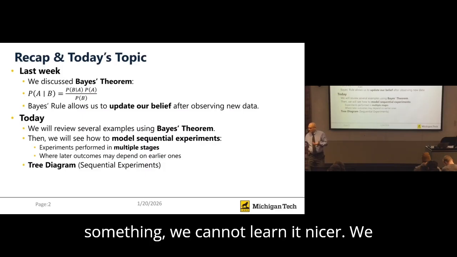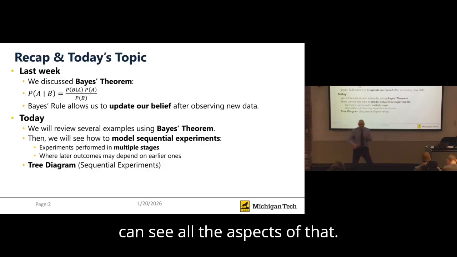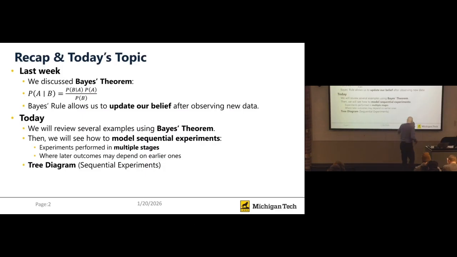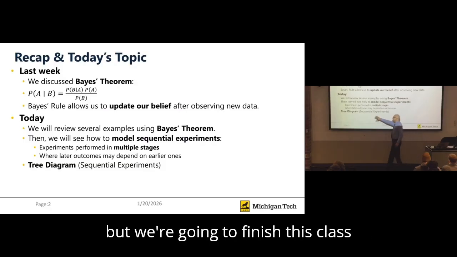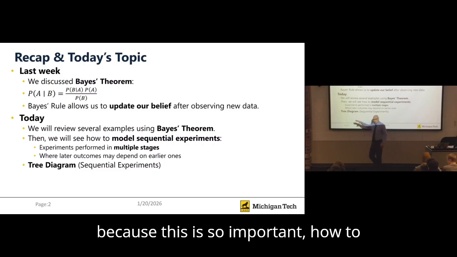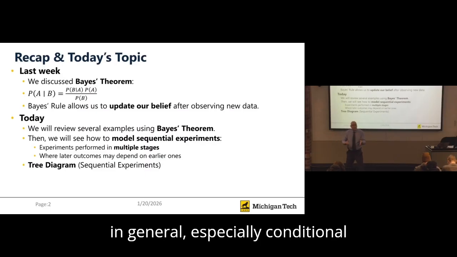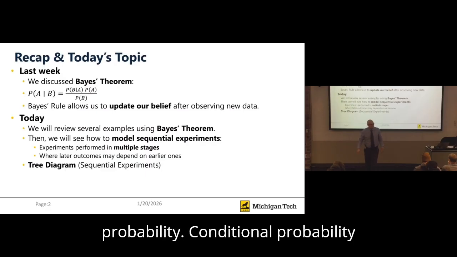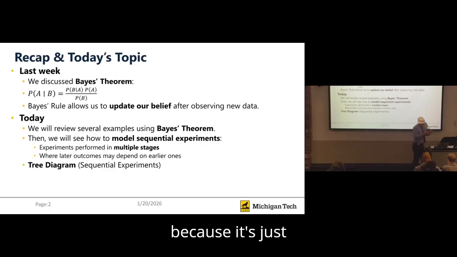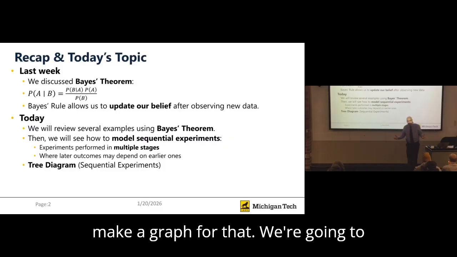We can learn it nicer because we can see all the aspects of that. That's something that we want to start, but we're going to finish next class because this is so important. How we can visualize random experiments or probability in general, especially conditional probability. Conditional probability, because it's just make a graph for that.